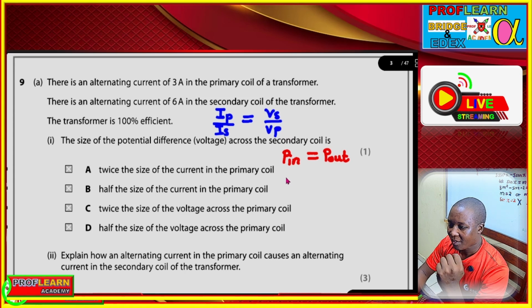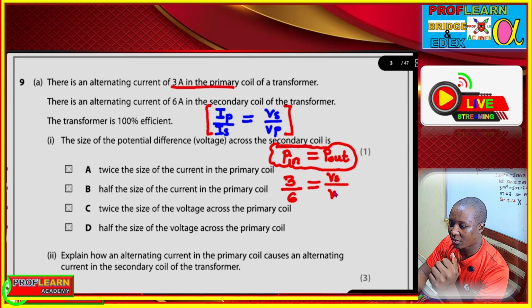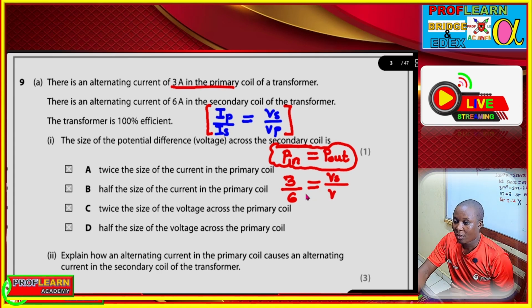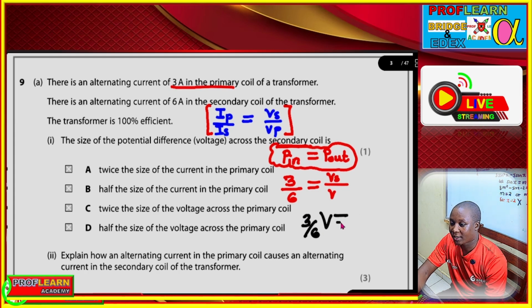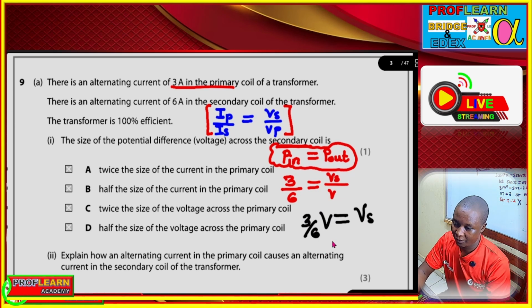So of course we can now focus on this first equation that we are given, and we can say the current in the primary coil is 3 over 6, which is the current in the secondary coil. Now we are trying to find the voltage across the secondary coil, so we can rearrange and make voltage in the secondary coil the subject, and you can see voltage in the secondary coil is going to be half the size of that in the primary coil.